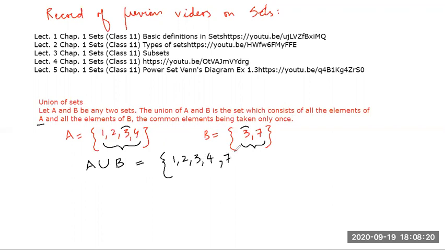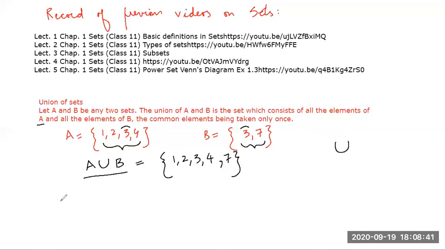I'll take 7. So in a way, I've taken both the elements of B and all the 4 elements of A also. This is the union of sets. Symbolically, we are writing it like this. This is the symbol we use to represent the union of sets.